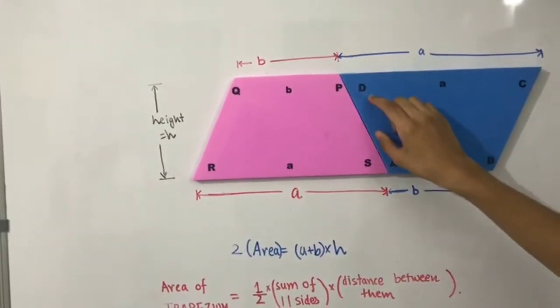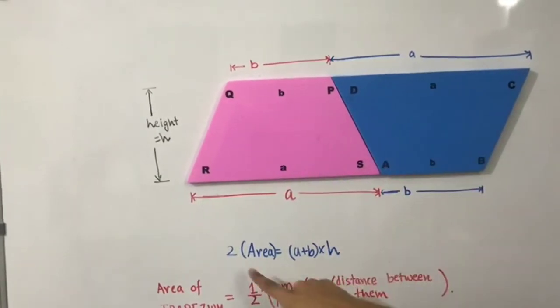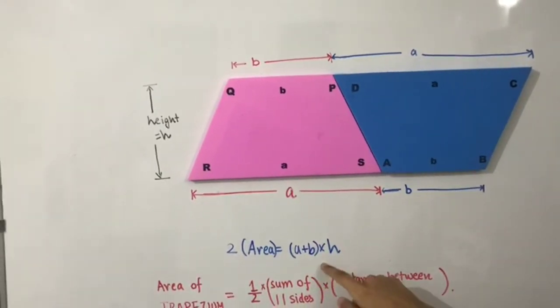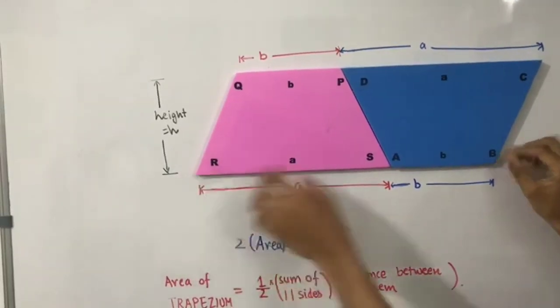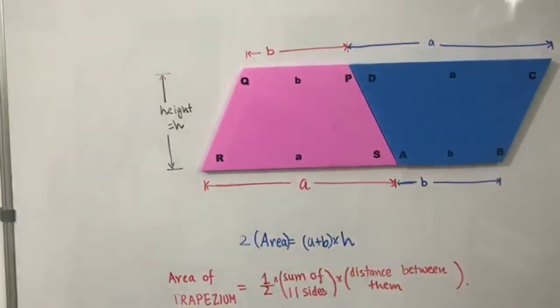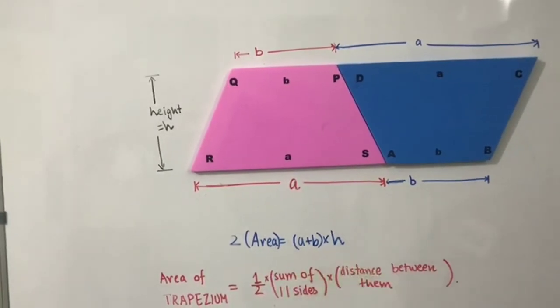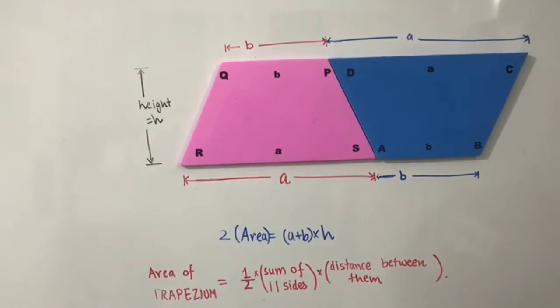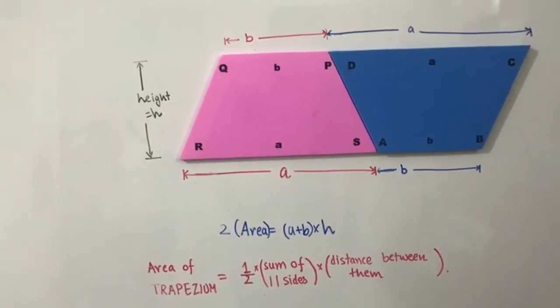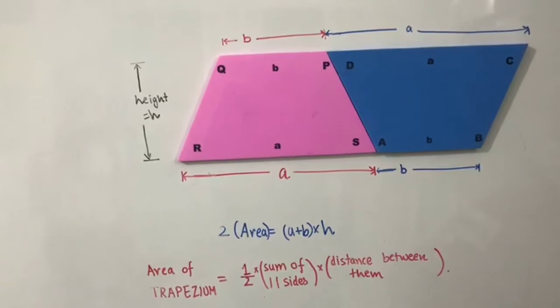So two times the area of the trapezium is equal to the area of the parallelogram. The area of the parallelogram is base into its height. So two times the area equals A plus B into H, which means the area of the trapezium is half into the sum of parallel sides, A plus B, into the distance between them.